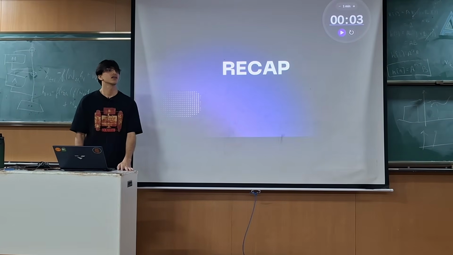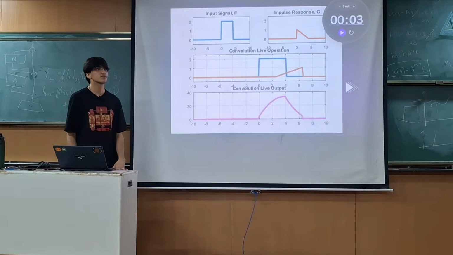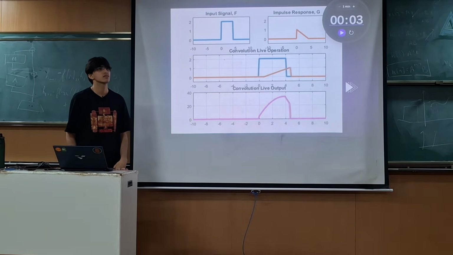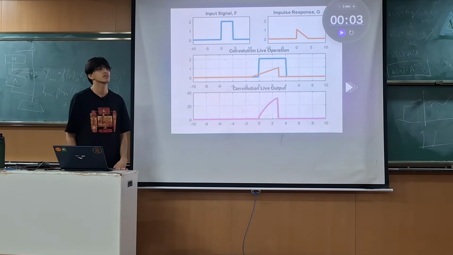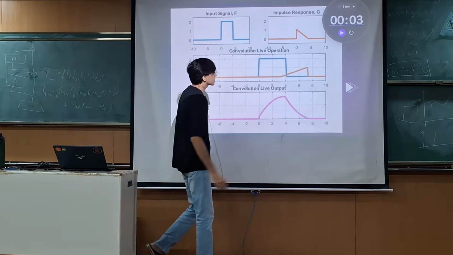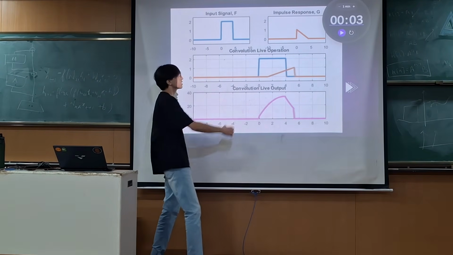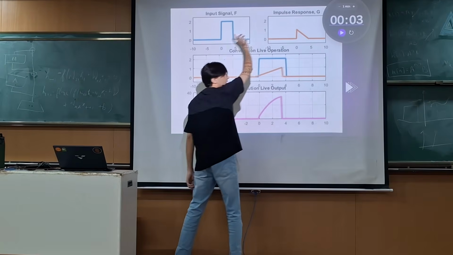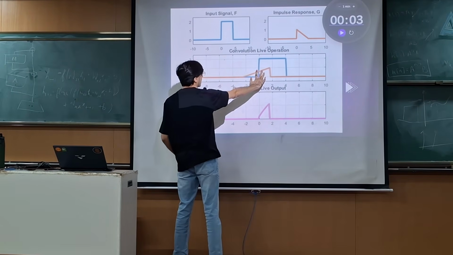Can you see the convolution? In convolution there is summation, right? At every instance, are we just multiplying the values and adding? Yes. So you flip it. This becomes like a scanning signal.